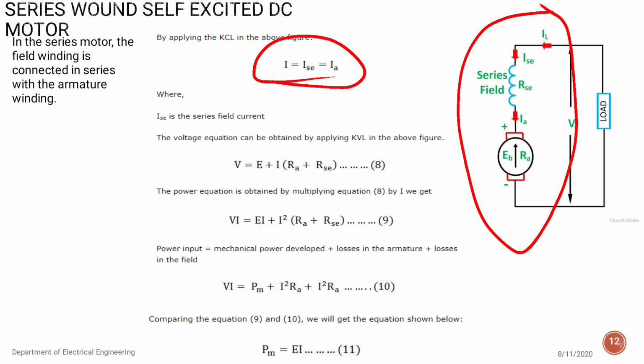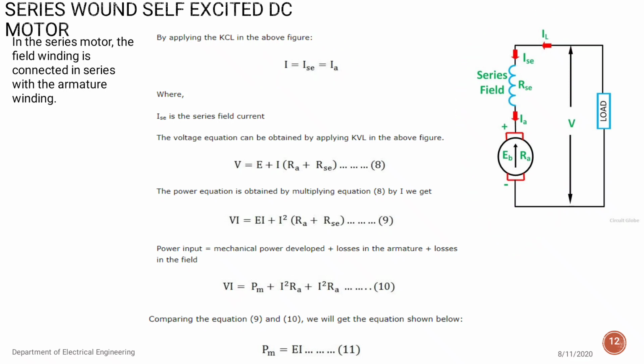Now we'll go for the voltage. If we apply KVL, then V is equal to, first of all, this back EMF will be taken into consideration. So V is equal to E plus Ia Ra plus Ise Rse.